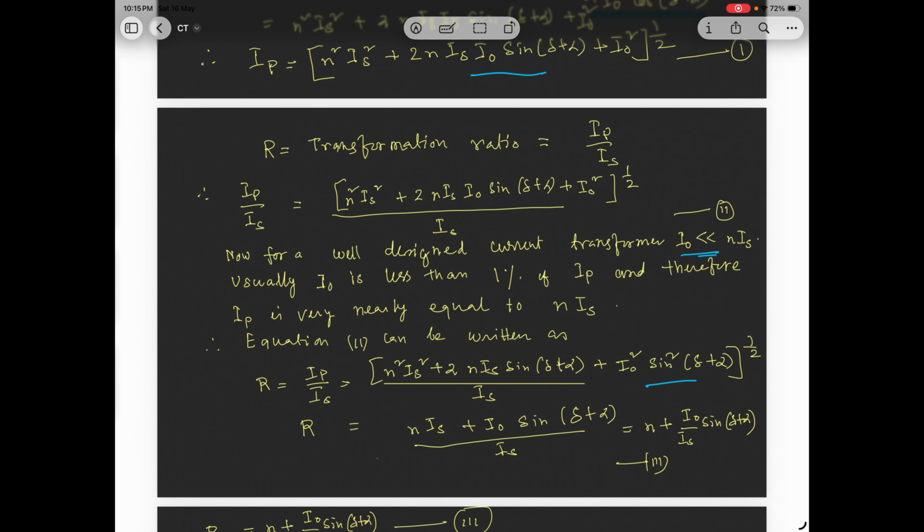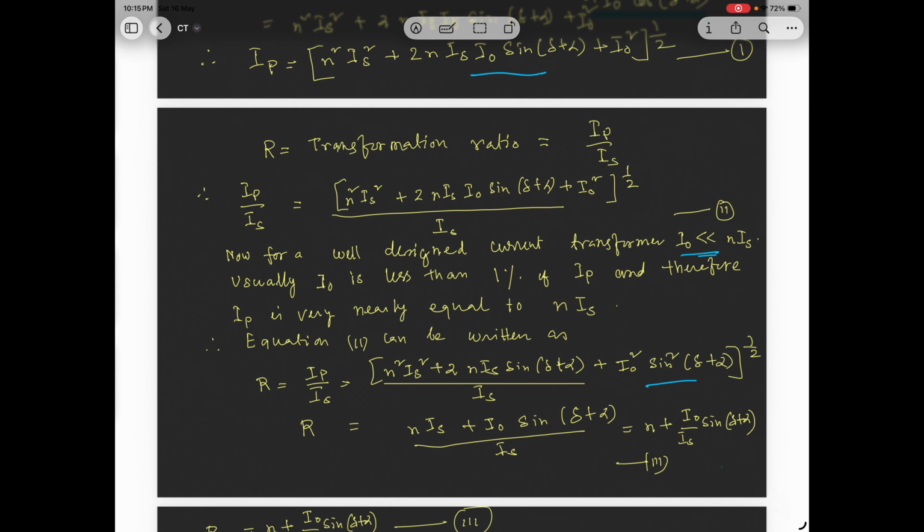Now R is equal to under root, so it will be NIS plus I0 sine (delta plus alpha) by IS. So this is equal to, IS cancel, so N plus I0 by IS sine (delta plus alpha).